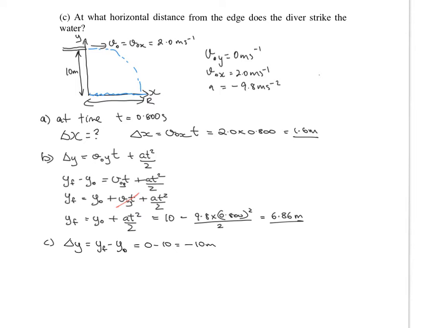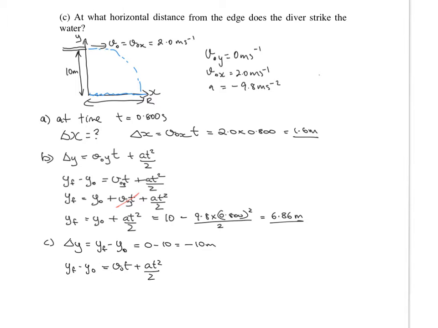What we're looking for here is the horizontal displacement, so we're looking for the time. Well, we have yf minus y naught equals v naught t plus at squared on 2.